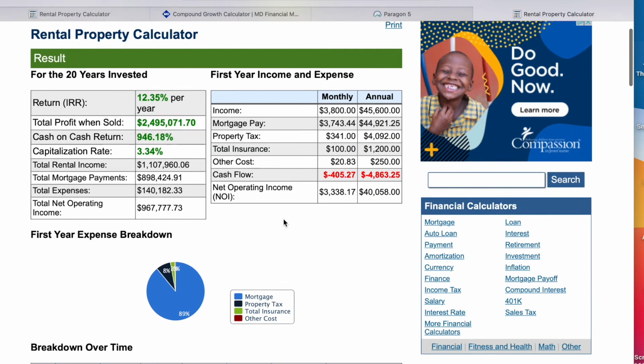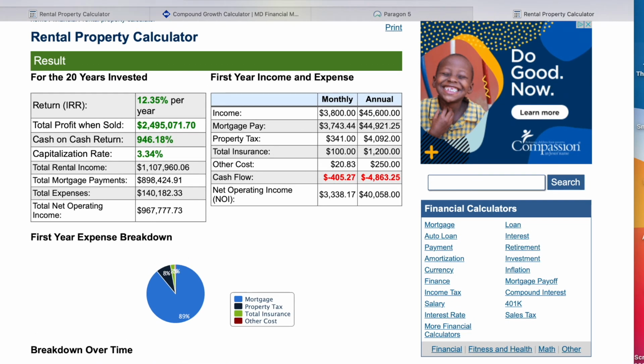And here we go. Here's our result. For the result, what I want to do is focus your attention on really 2 numbers that are most important. Here's the first one, and that is your first year income and expense. It shows your monthly and your annual breakdown. And you can see this: negative $400 a month in cash flow.